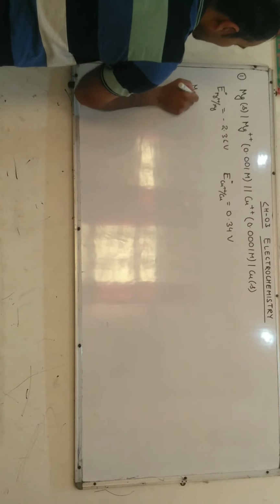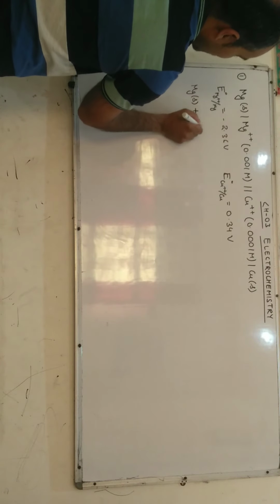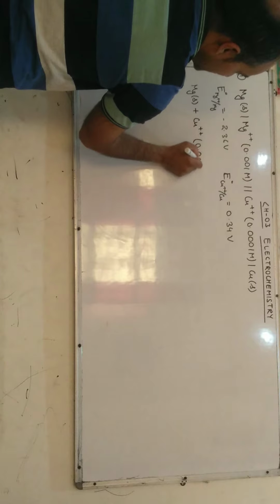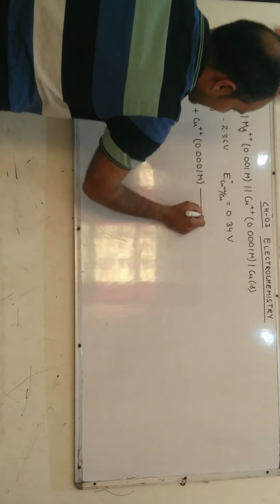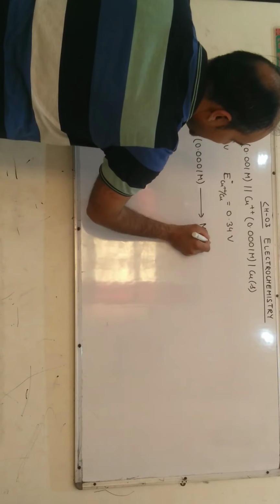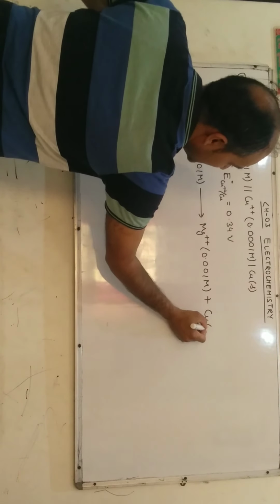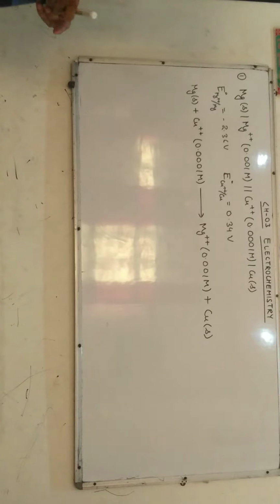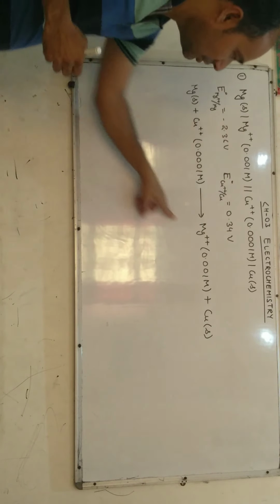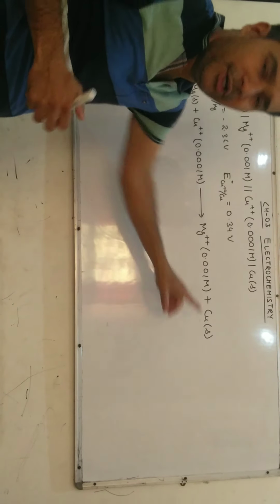So write Mg solid plus Cu double positive 0.0001 M gives Mg double positive 0.001 M plus Cu solid. From this equation it is clear that magnesium is oxidized and copper is reduced.